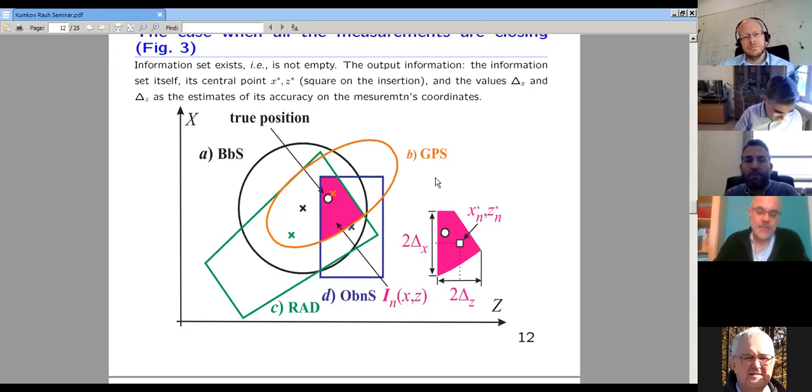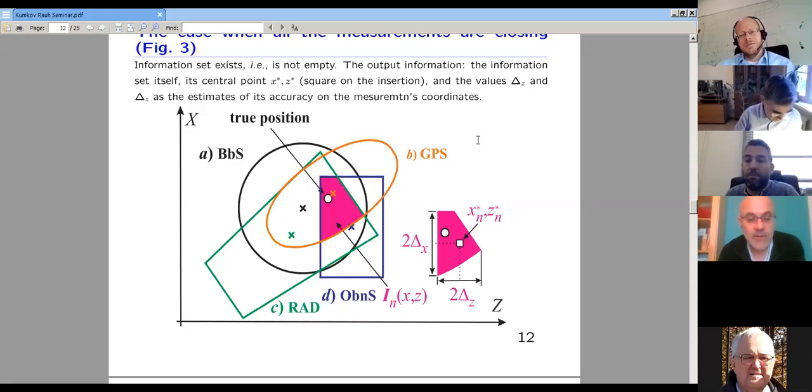Of course, the case may be when all these measurements and their uncertainty sets give, after intersection, a non-empty information set, but shifted somewhere from the true position. But it's necessary to trust the measurement system, etc.